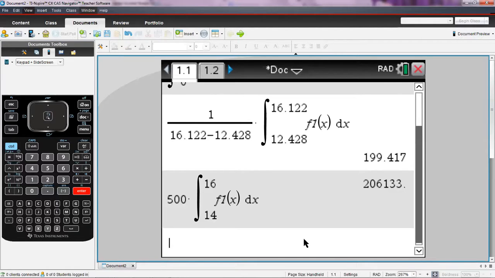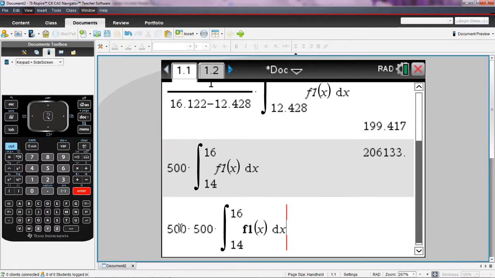Between 14 and 16, the cars are 206,000. So between these two hours, possibly the signal is going to work, right? We can do the same, for instance, for 12 and 14. Let me do that. 500 times, I'm going to do the same, take this one out and put 12 and 14.